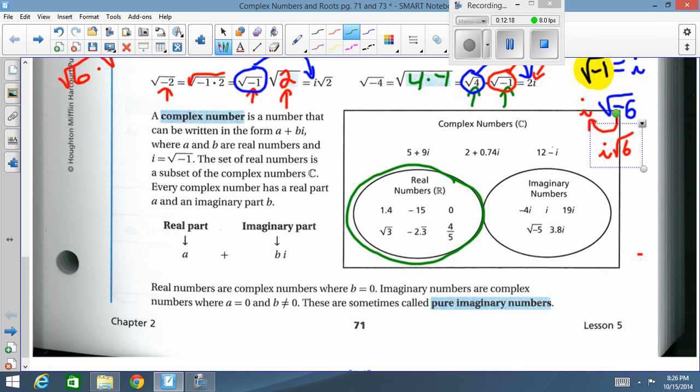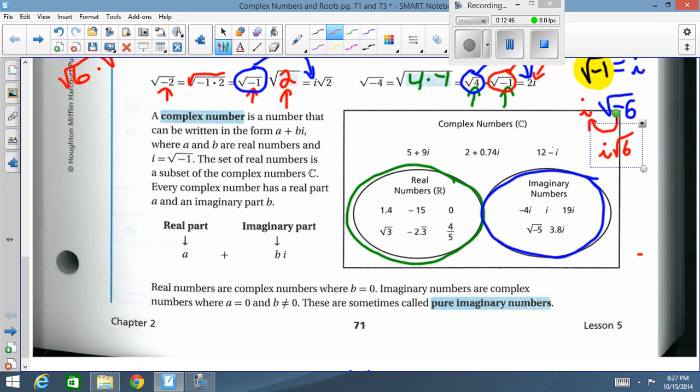Negatives are real numbers. The only time imaginary numbers are introduced, like these over here, is when you have a negative under a radical. So the square root of negative 5 has to be an imaginary number because it is a negative under a radical. Or any of these other terms that have i's in them, those are imaginary terms.